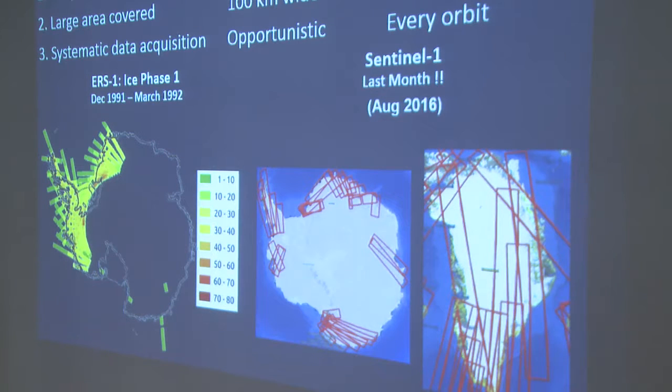And where the ERS 1 and 2 satellites were more for just research and development purposes, there wasn't a dedicated acquisition strategy that meant we'd have guaranteed coverage over the ice sheets. Now we've worked with the space agencies and they've been really keen to help us try and acquire data on every single orbit. So every single time Sentinel-1 is passing over Greenland and Antarctica, and in fact many of the glaciers and ice caps as well in other areas of the world, data will definitely be acquired, so you can guarantee that you'll have an image every 12 days. So that's just a fantastic improvement on what we had before.